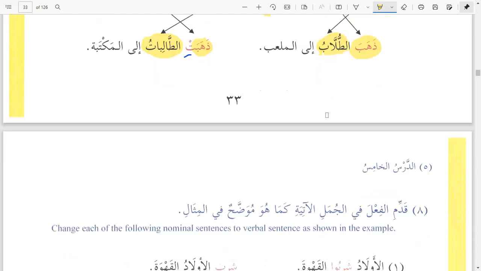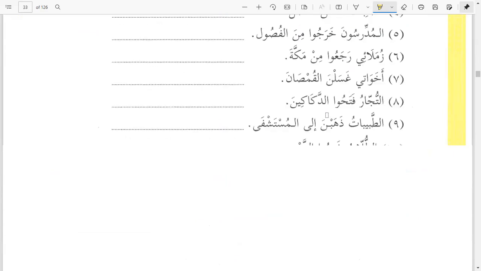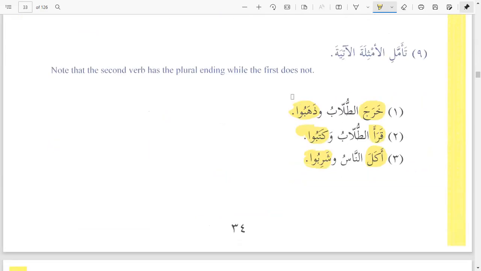And if there is a second verb in a verbal sentence, that verb will be plural if the subject is plural. But if the subject is singular, the second verb will also be singular.